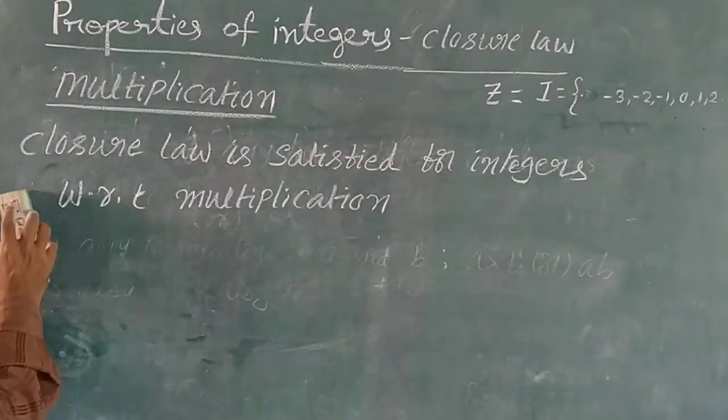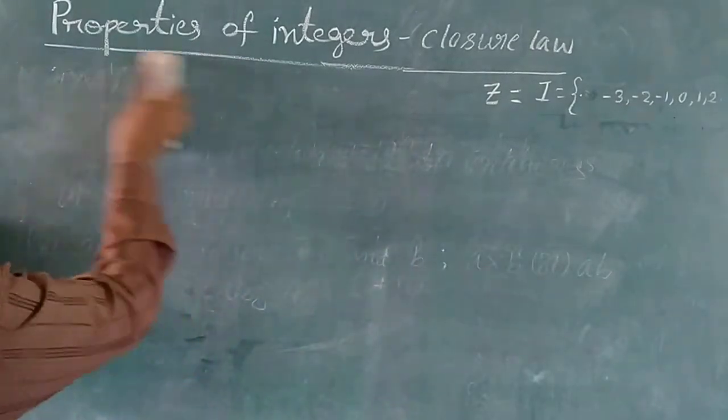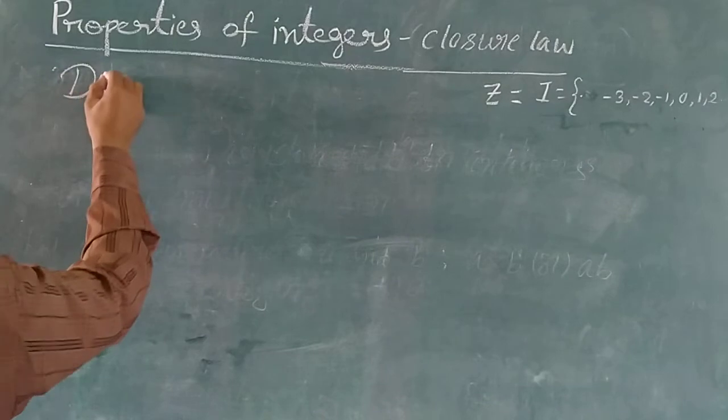Now take division, children. Next, the same Closure law for division. What happens for division?